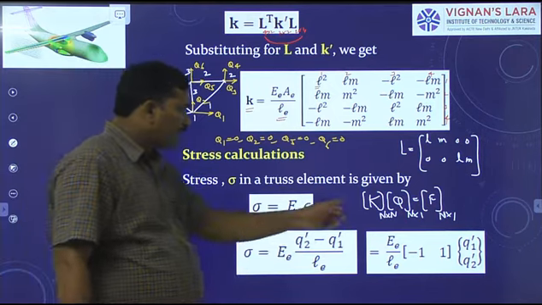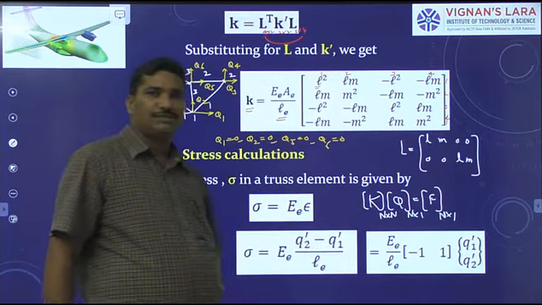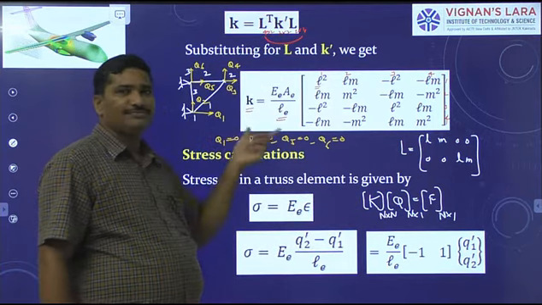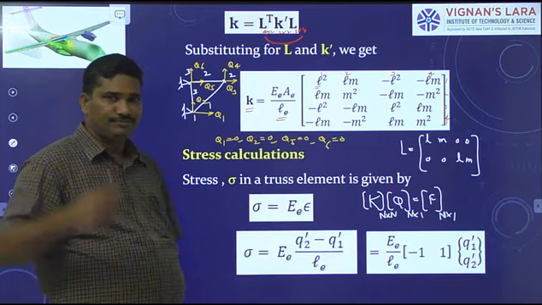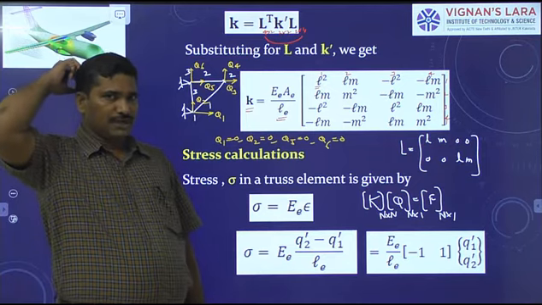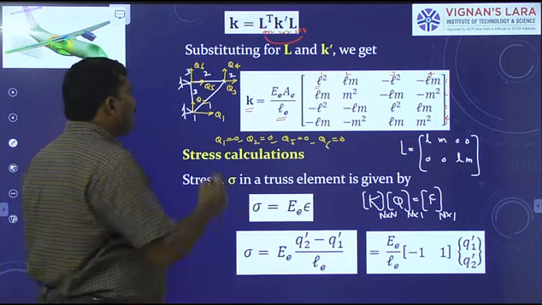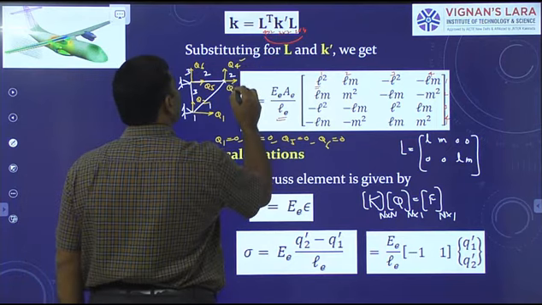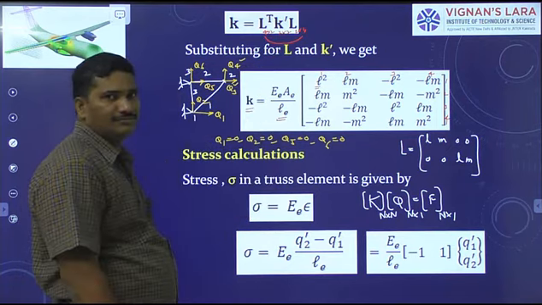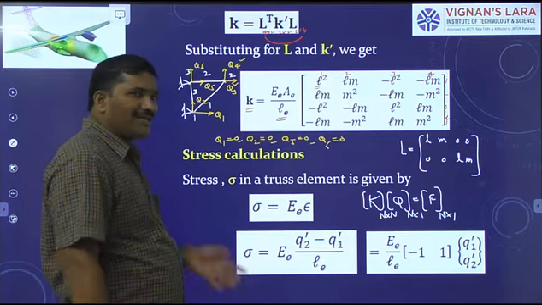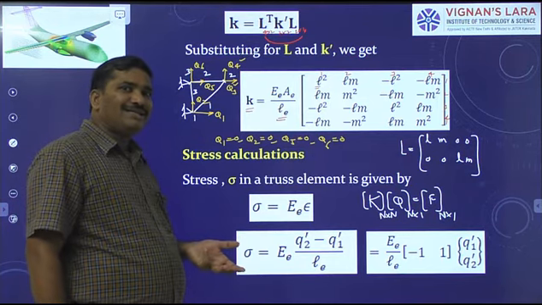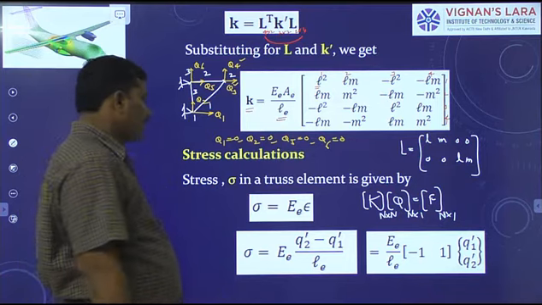Okay. Once you write the equations of equilibrium like this, substitute these values. Understand? And solve. You get the remaining degrees of freedom. Then determine stresses in the elements. How do we determine them?